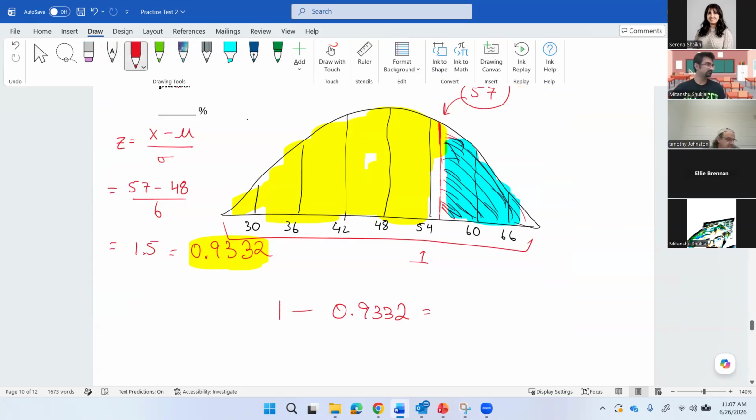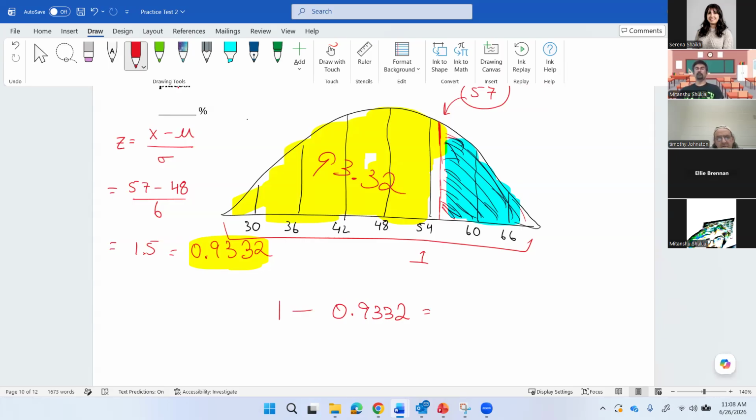So it's 0.9332. That is 93.32%, but that's not what they're asking us.